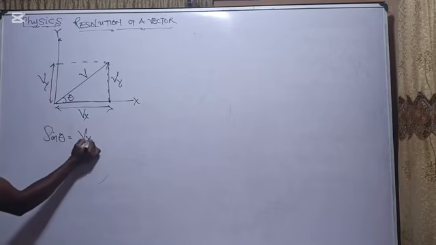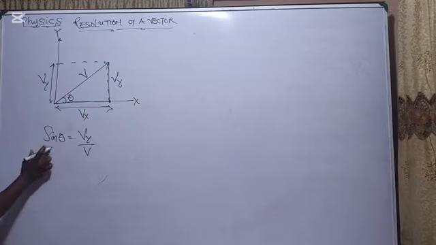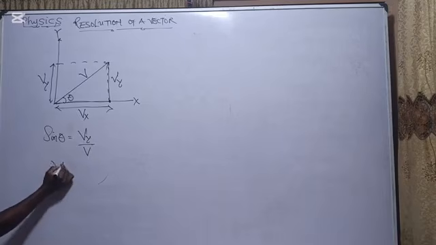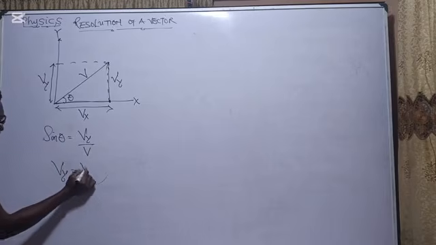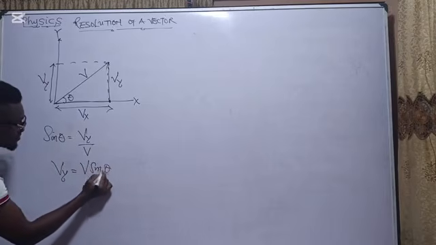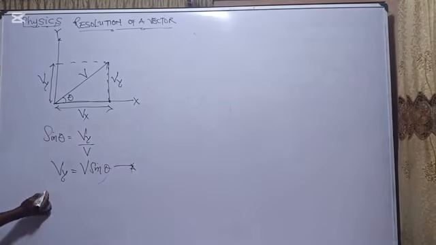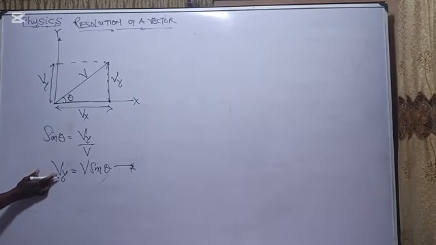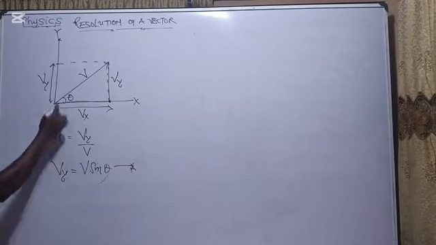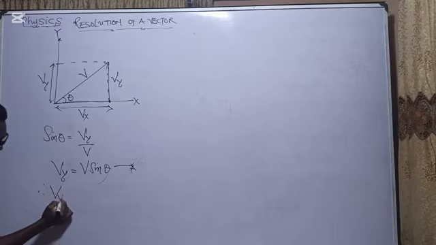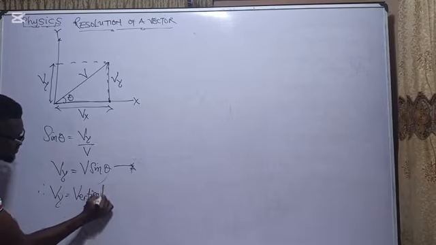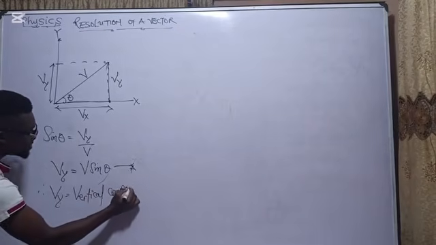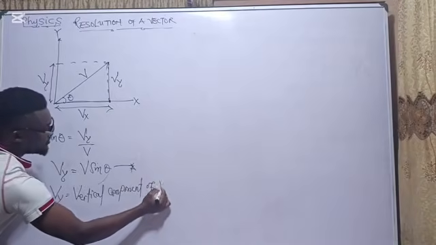So we have sine theta equals Vy over the hypotenuse, which is V. So if you cross multiply this, we are going to get the vertical component as V times sine theta. This gives the vertical component of a single vector V. Therefore, we have Vy equal to the vertical component of vector V.